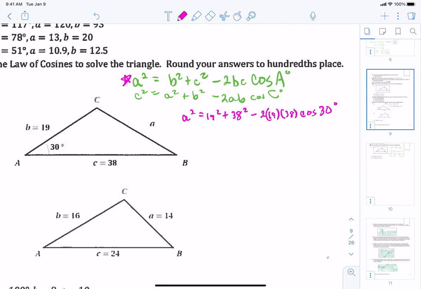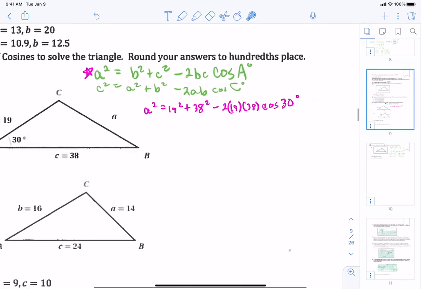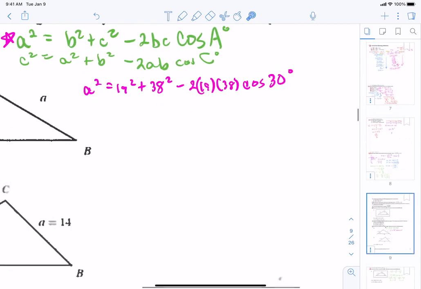Okay. Now what's really nice is this follows order of operations very well. If you enter it into a calculator, just that big string, it's going to give you exactly what you need, okay? And so we find that A squared equals, so 19 squared plus 38 squared minus 2 times 19 times 38 times the cosine of 30.